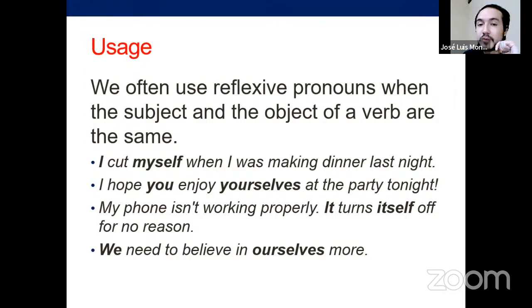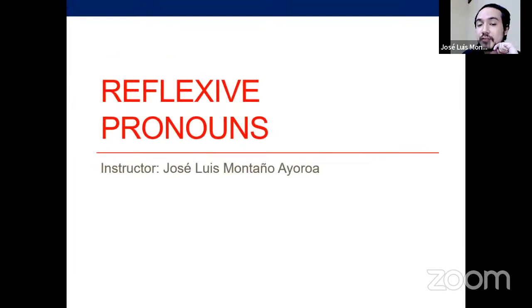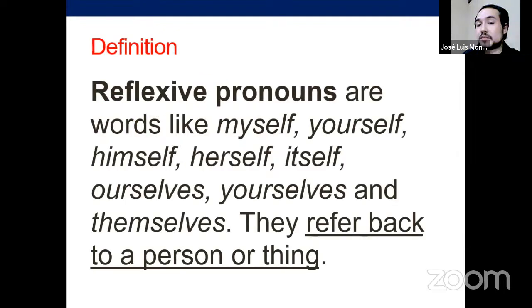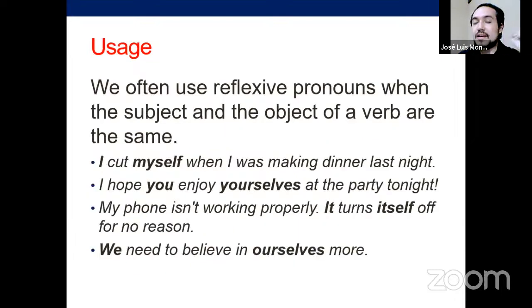I'm going to show you one more time the title. This is reflexive pronouns, and reflexive pronouns are myself, yourself, himself, herself, and so on and so forth. We're learning how to use these words in specific sentences. And here we are saying, Gladys, that is when you do the action and you receive the action. For example, I cut myself.